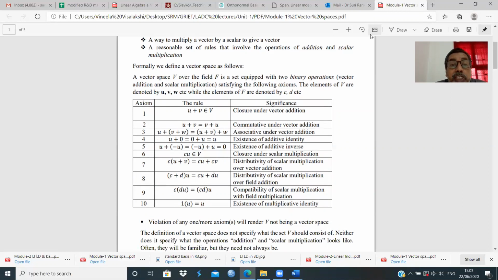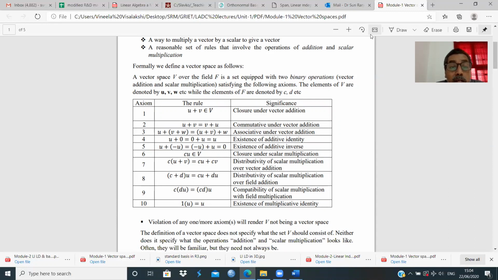The elements of the space V are generally denoted by u, v, w, etc. in bold, and the elements of F are generally denoted by letters like c, d, etc. Now, the 10 axioms which should be satisfied by a set to make it a vector space will appear like this.